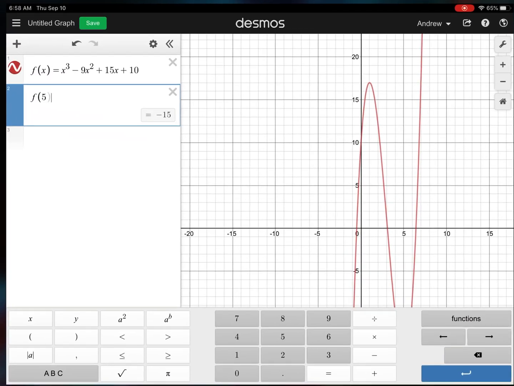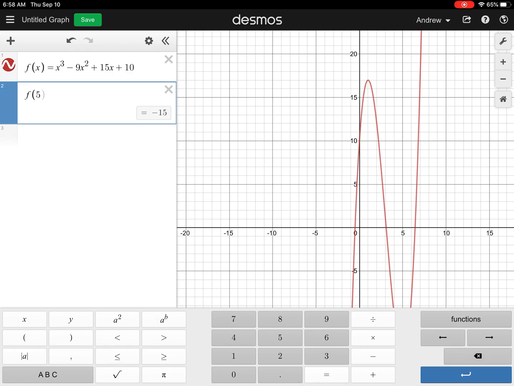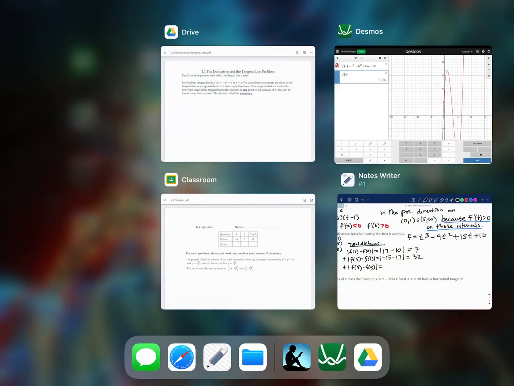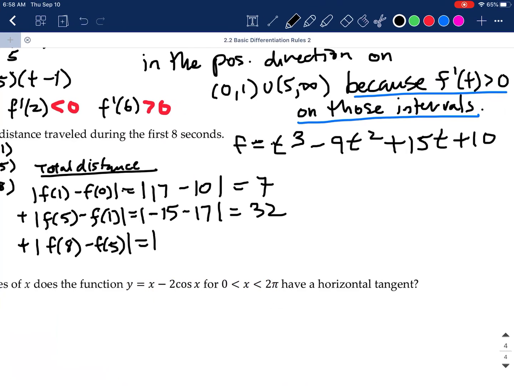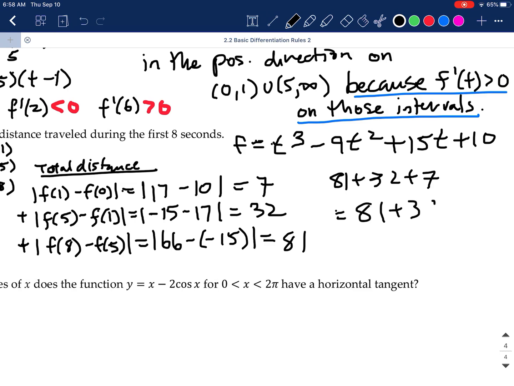And then f of 8 minus f of 5, so f of 8 is going to be 66. 66 minus negative 15, which is 81. So it looks like 81 plus 32 plus 7, which is 81 plus 39, which I believe is 120 feet. Nice even number. Awesome.